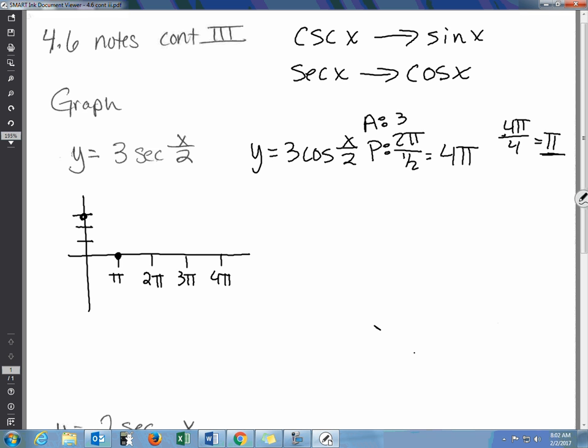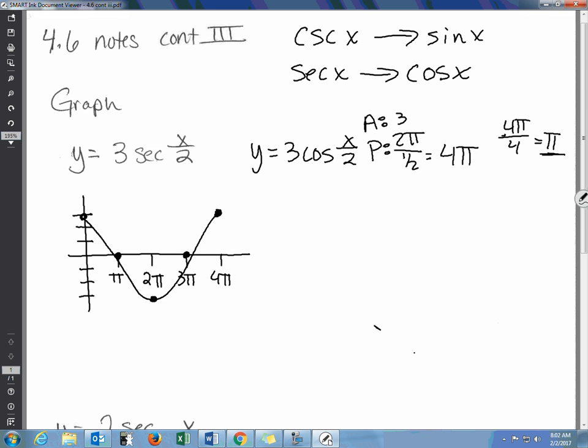At 2 pi, the next point over, I'm at the negative amplitude, so down here. At the next point, I'm back at the x-axis, and then at the last point, I come back up to my original amplitude, which in this case is 3. So if I connect it, the graph looks like that.